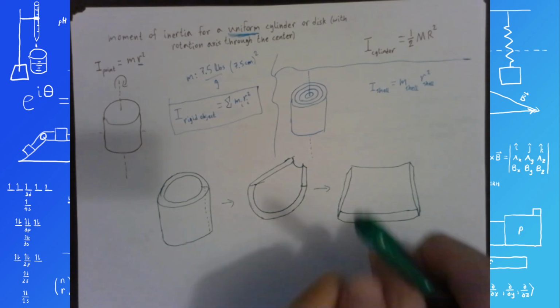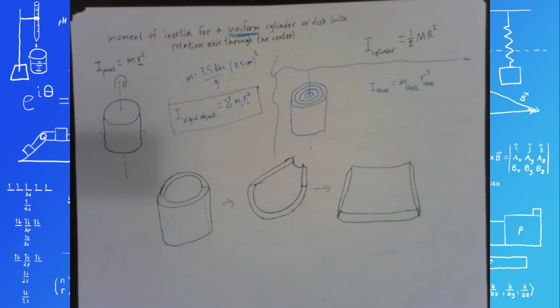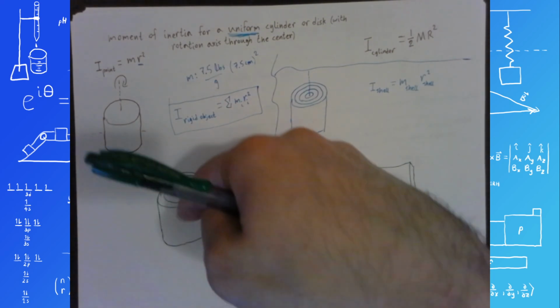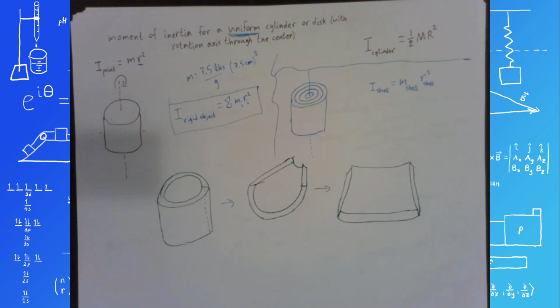But yeah, if you unfurl this thing and you open it up, you can make it kind of flat. It'll still have a little bit of curvature to it because the thickness is not negligible. You'd probably have the easiest time doing this with something as thin as the cardboard of like an empty toilet paper roll. I think that would be the best example that you can play around with at home.